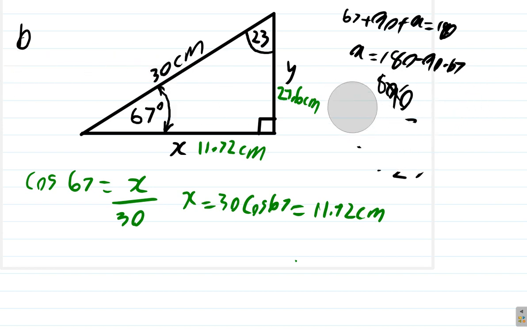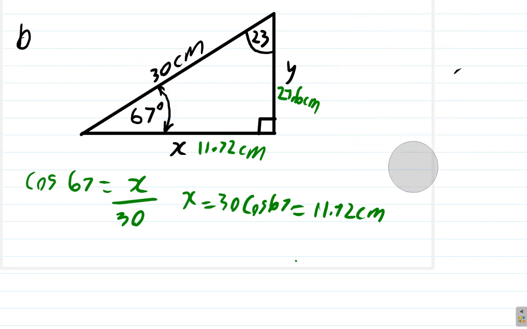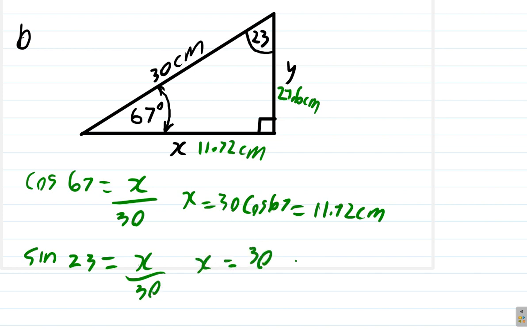Alright? Now here, we could use sine of 23, because the 23 is up top and the side we want, x, is on the bottom, opposite sides of the triangle. So sine of 23 is the opposite, which is x, over the hypotenuse 30. So x would be 30 times the sine of 23.